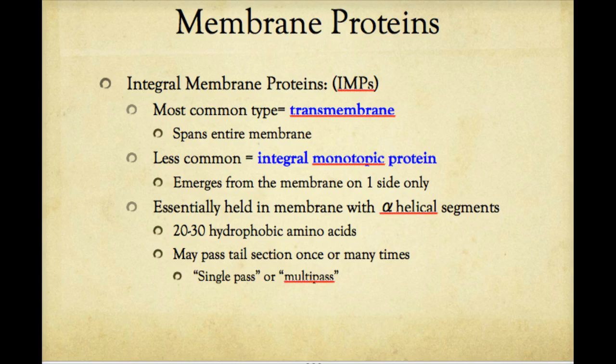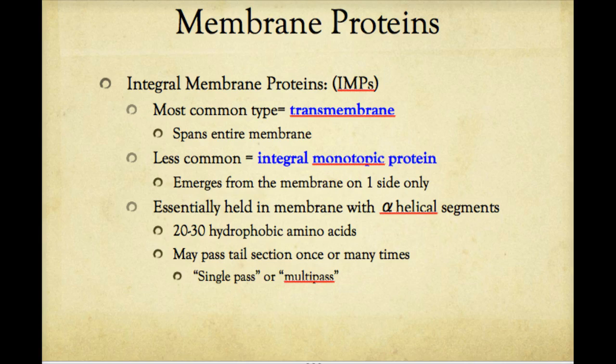They contain somewhere between 20 and 30 hydrophobic amino acids, which can interact with and remain within the tail section of the membrane. Now remember, most proteins can move around in the membrane. They can go through a diffusion process in the membrane. That's part of our fluid mosaic model.